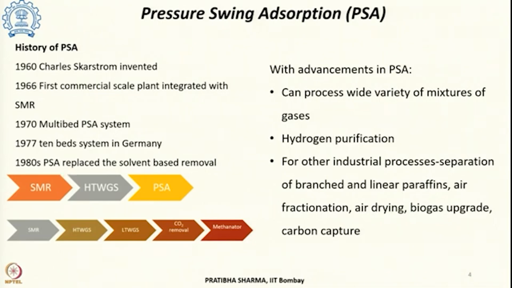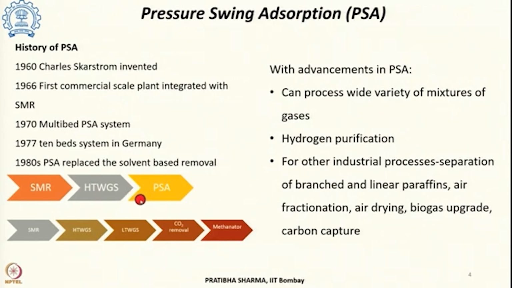Now if we compare the two methods, in the solvent based removal method the number of steps involved is more: SMR, thereafter high temperature water gas shift, low temperature water gas shift, carbon dioxide solvent based removal and methanator. However, if we replace it by pressure swing adsorption, we only require a high temperature water gas shift after the steam methane reforming.